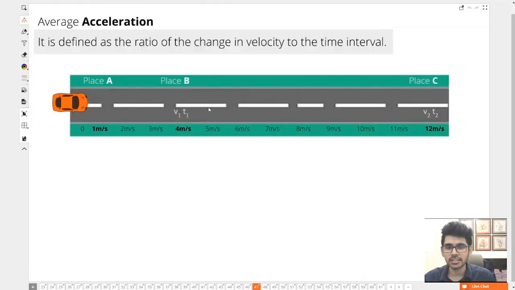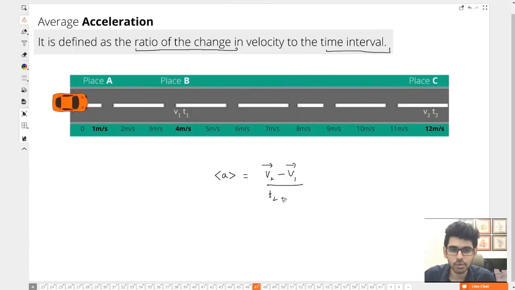So, average acceleration. Now, this is something which we did not do earlier. What is average acceleration? It is defined as the ratio of the change in velocity to the time interval. It is denoted like this: V2 minus V1, delta V upon delta T, upon T2 minus T1. That means if the car is at place B, from B to C, how will you find the average acceleration?